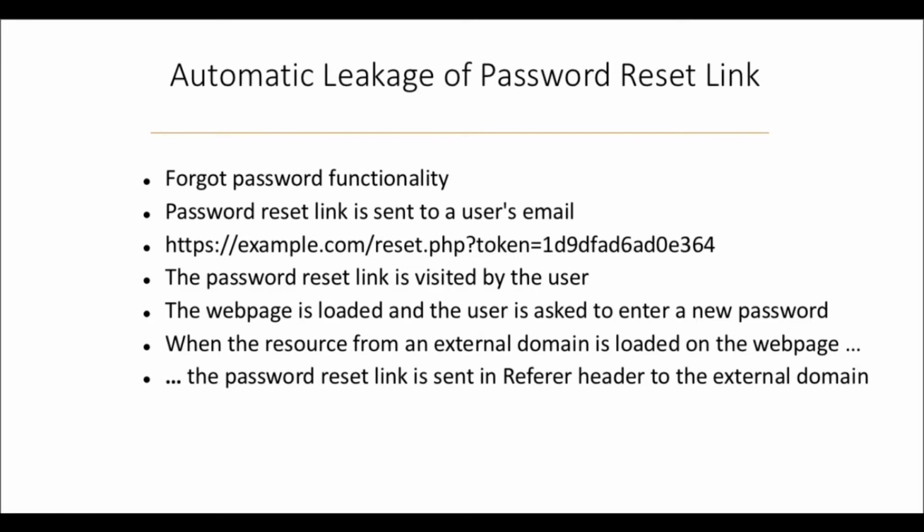The external domain can take a look at this request and ask, who wants to fetch the data from my domain? So it takes a look at the Referer header, and here is the answer: who is asking about this data. This is how the Referer header works.